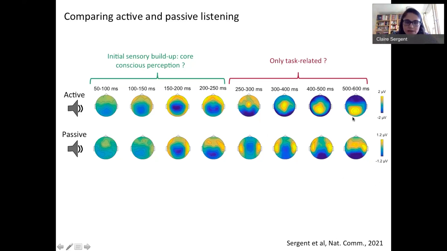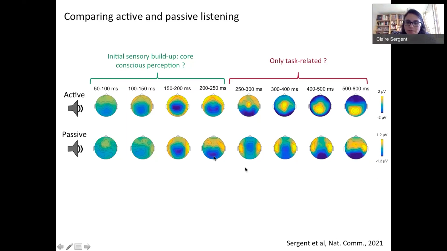And in this respect, we actually reproduce some other results in other types of no-report paradigms that suggest that indeed the P300 is abolished when you don't have to make a task on the stimulus. So how do we interpret these late non-P300 events?